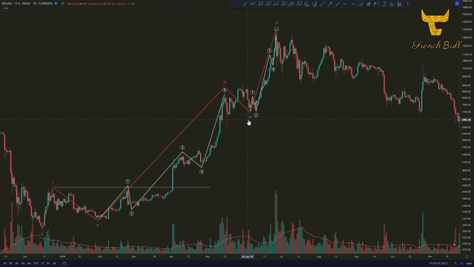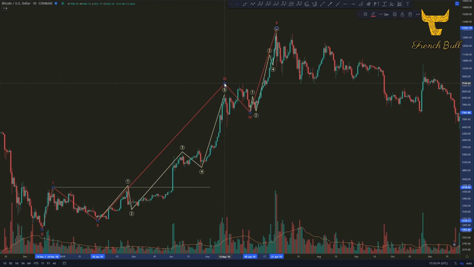There is just a thing we call the alternation of the waves, that if wave 2 were to be really shallow and didn't retrace a lot, then we can expect wave 4 to retrace a lot more. But in a classic impulsive move, we will see a deep wave 2 and a shallow wave 4.